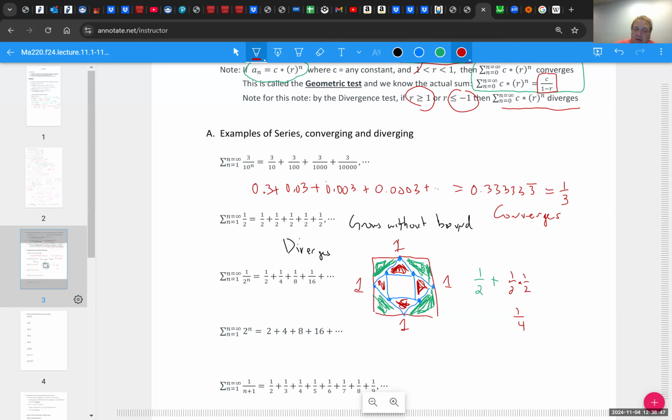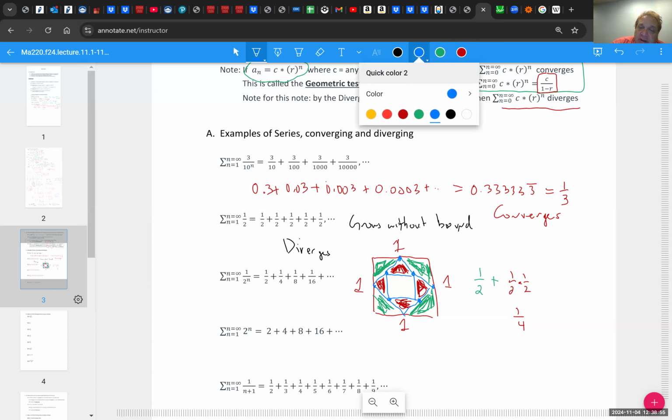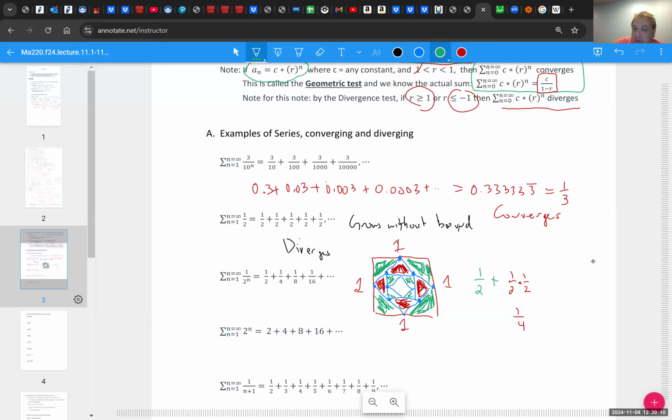The inside square here I divided again and got another half of that half, which is 1/4. And yes, I can continue this process by connecting these together and shading in these outside areas. That's going to be half of the previous one, which is 1/2 of the 1/4, and so on.